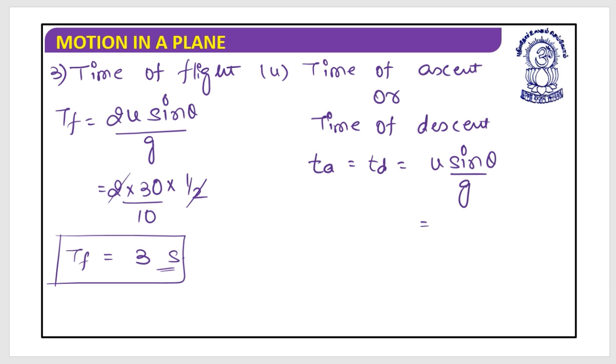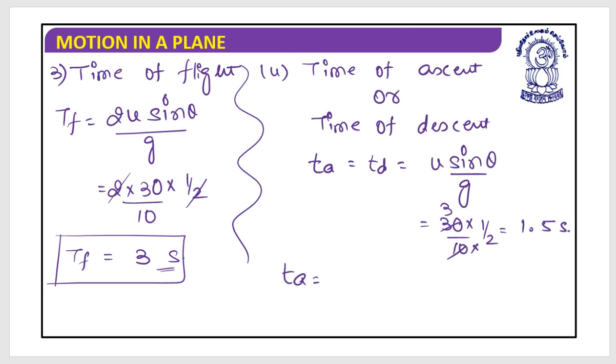So that would be 30 into sine of 30, it's half, divided by g, which is 10. So this is 1.5 seconds. Even you can write this, time of ascent or time of descent must be half of the time of flight.